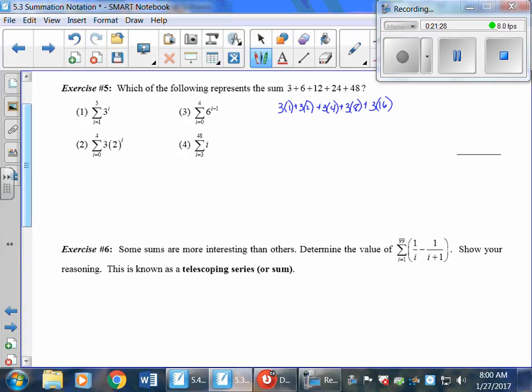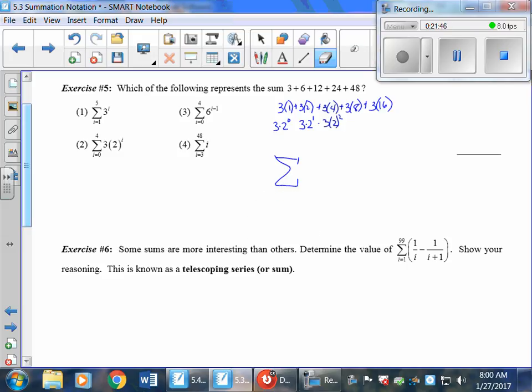Right? I have 2. This is going to be 3 times 2 to the 0. This is going to be 3 times 2 to the first. This is going to be 3 times 2 to the second. So I find my pattern. Let's use I, since they use I in our choices.